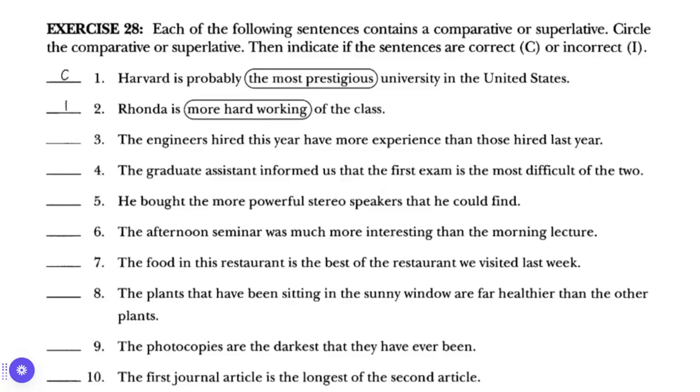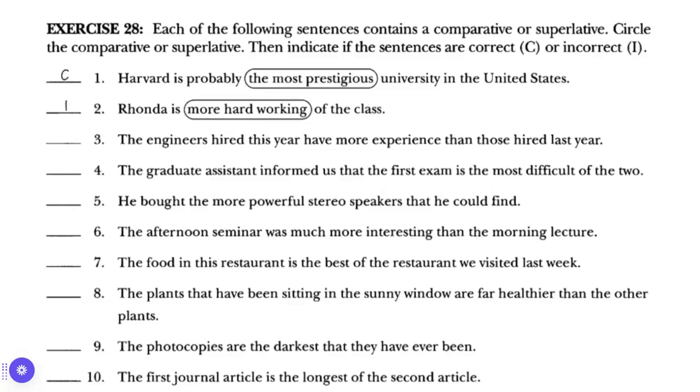Okay, so let's check. Number 1 and 2 are the examples. Let's go straight to number 3. Number 3 is correct. Number 4, incorrect. Should be "more difficult than the second." Number 5 is also incorrect.